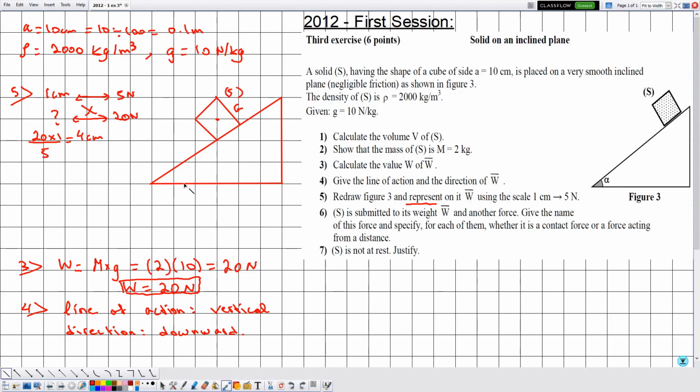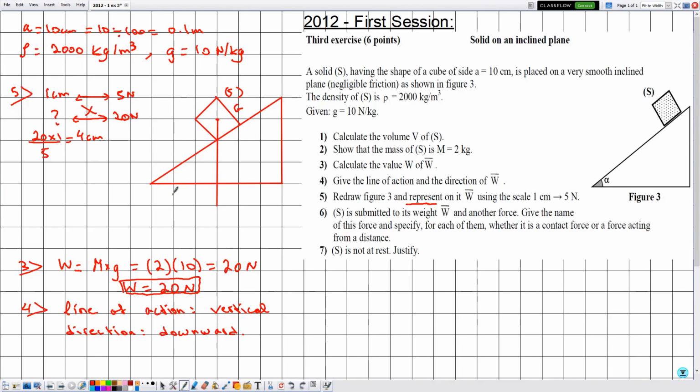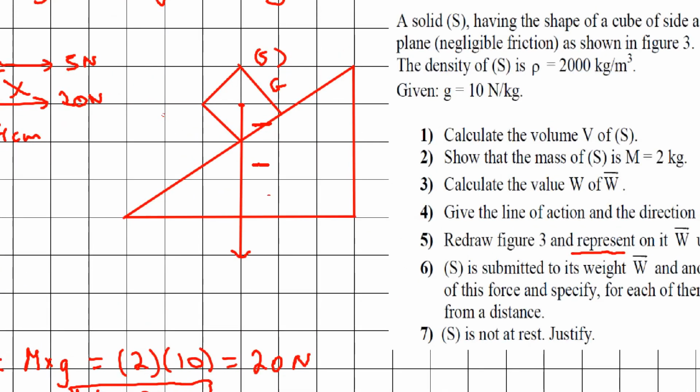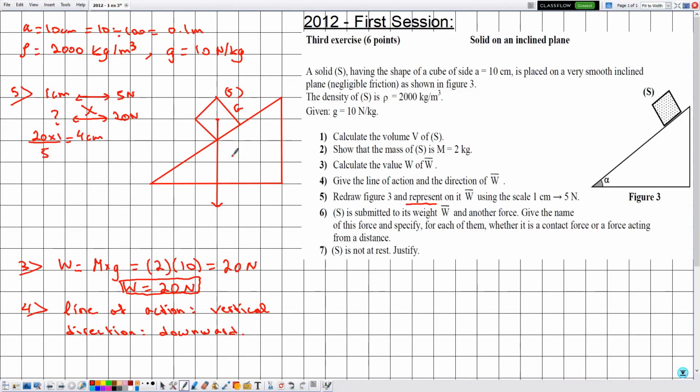Now, the weight vector acts at the point G vertically downward. The length of this vector is given by 4 centimeters. So this is 1, 2, 3, 4 centimeters, according to the scale, which is worth 20 newtons, and the name of this vector is W.